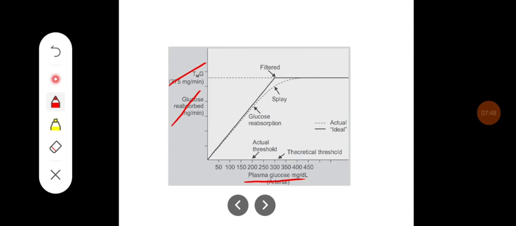And the dotted line shows the relation between plasma glucose and the glucose reabsorbed, that it appears quite early compared to the theoretical curve. That is, the actual renal threshold occurs before the theoretical renal threshold, and this is called splay.